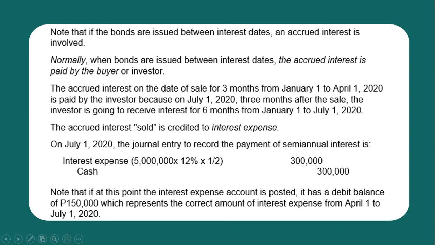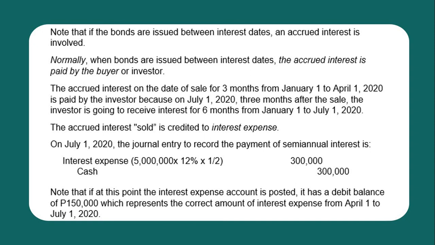Normally, when the bonds are issued between interest dates, the accrued interest is paid by the buyer or investor. Now, maybe you wonder why the investor pays interest aside from the issue price of the bonds. It is because when the first interest payment happens, what the issuing entity will pay the investor will be the full interest.